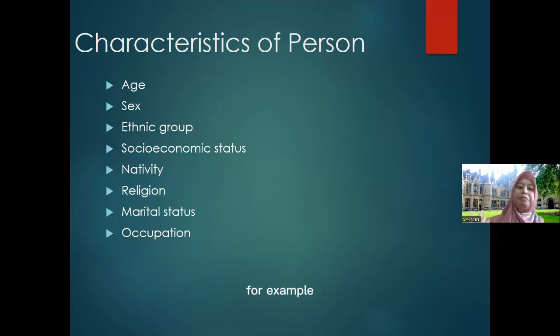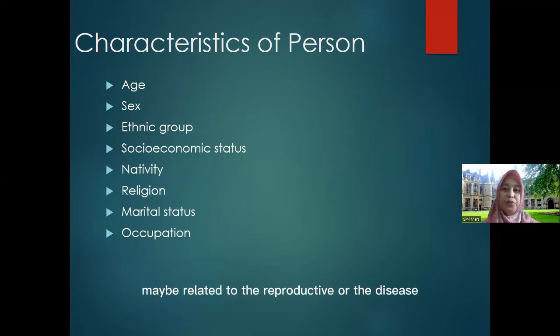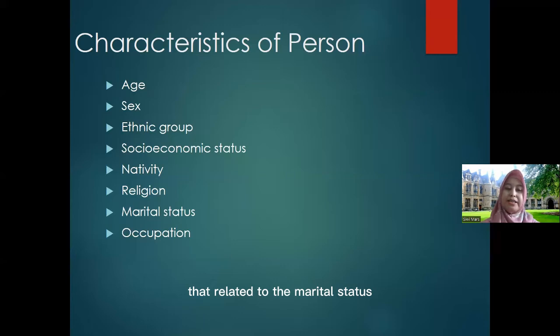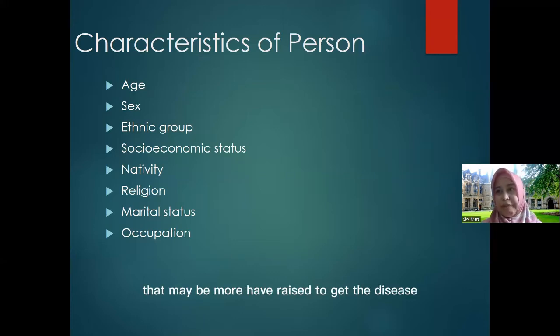And also marital status, maybe related to reproductive or diseases related to marital status. And then occupation also. There are several occupations that may have more risk of getting the disease.